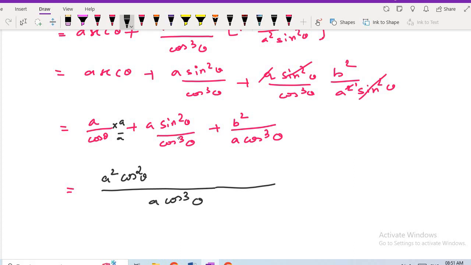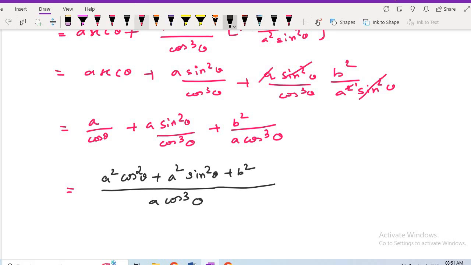Okay, this is the LCM. For the next term, cos cube we already have, a square is missing, so we can multiply by a and divide by a, giving a sine square theta. Then here we simply write b square.